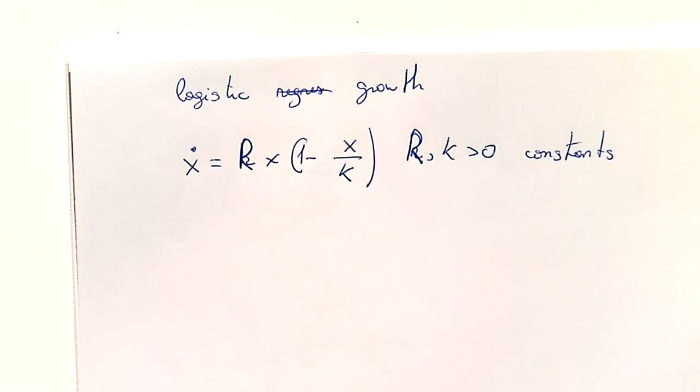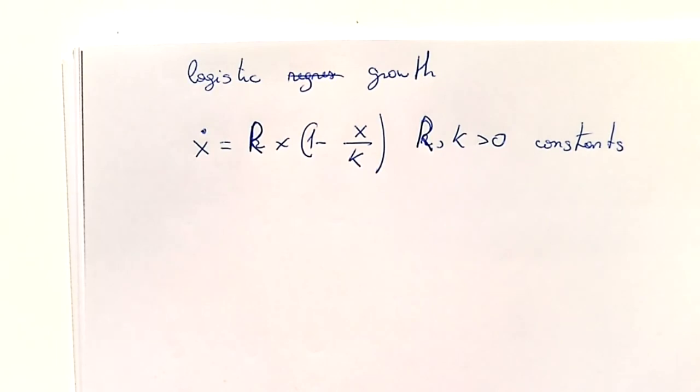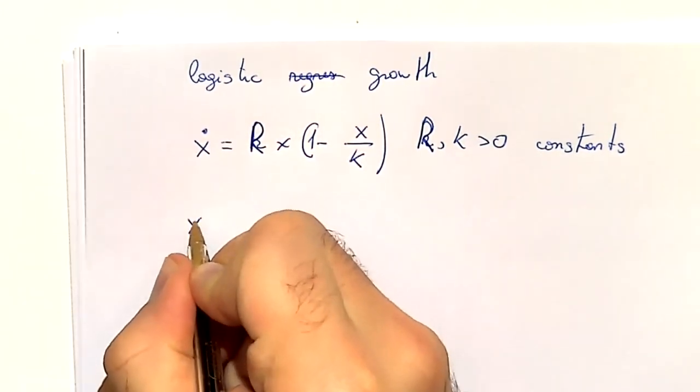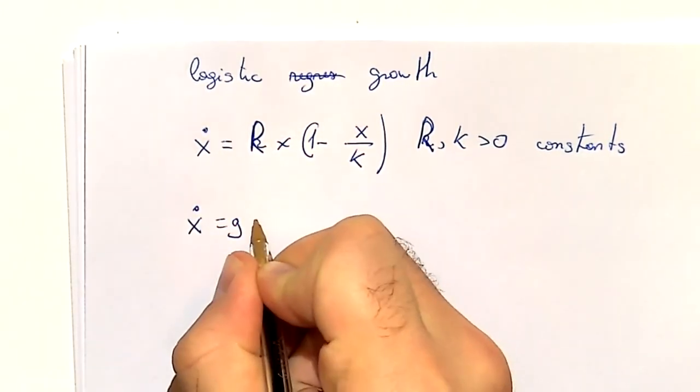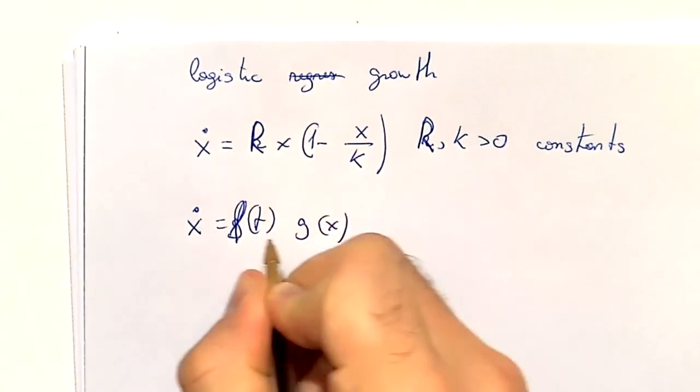Now, let's see what we have here. Clearly, it's separable, right? It's not the linear part where everything looks nice. It looks ugly. So let's identify our f of t and g of x.